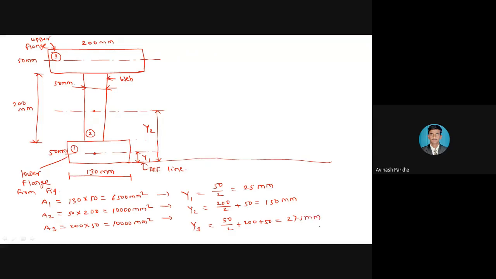Okay, so y1, y2, y3 calculated. Now use our formula, y bar calculation. Y bar is equal to a1 y1 plus a2 y2 plus a3 y3 divided by a1 plus a2 plus a3. So put all the values.